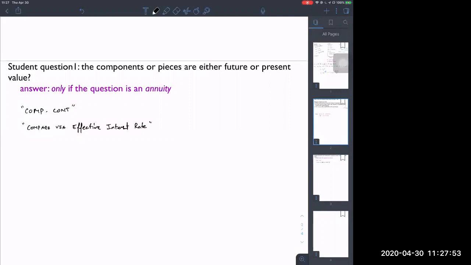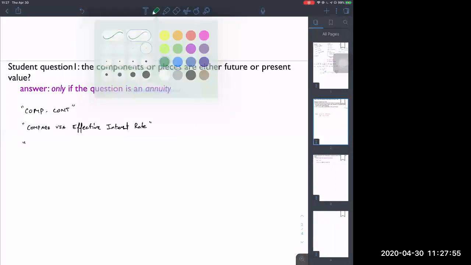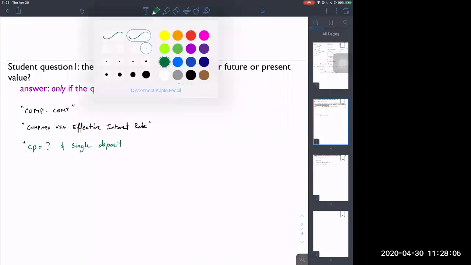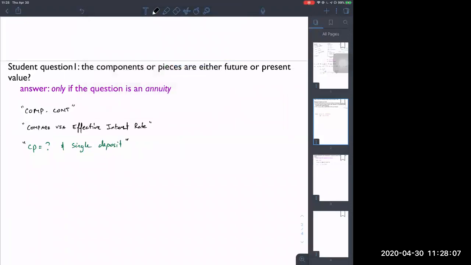And then, of course, the good old standard: if they give you compound something and tell you that it's a single deposit, that's not a future or present thing. Yeah, they have future concepts in them, and they have P's in the equation, but that's technically principal for a single deposit. So these are examples of not annuities.